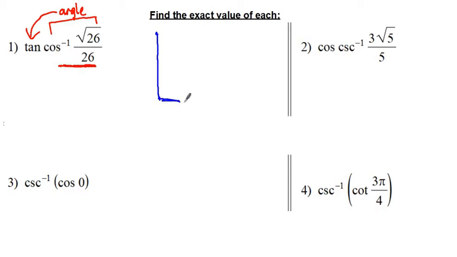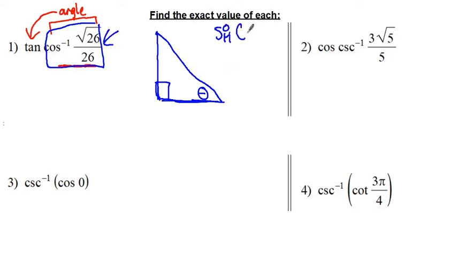The first step on all of these is we'll draw a triangle with an angle, which we'll call theta. It has to be a right triangle because we're doing right triangle trig. And we need this angle theta because remember we're supposed to be getting an angle out of this. We need this angle to have that as its cosine. If you remember the acronym SOHCAHTOA, cosine is adjacent over hypotenuse.